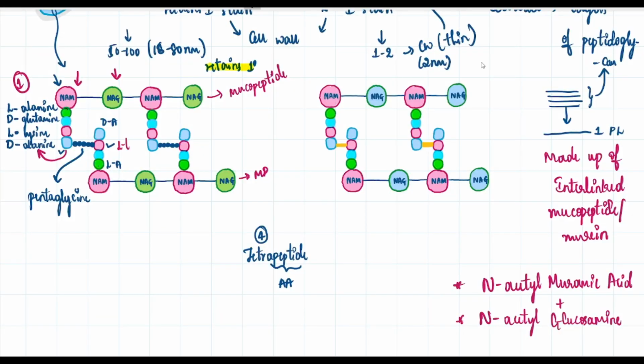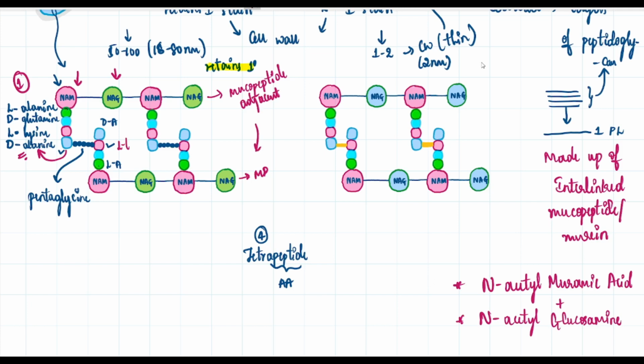Listen carefully. The L-lysine of one tetrapeptide of one mucopeptide is linked with the terminal, I said terminal, this one is terminal, right? Terminal D-alanine of another tetrapeptide side chain of the adjacent mucopeptide. This is adjacent to this mucopeptide, right?